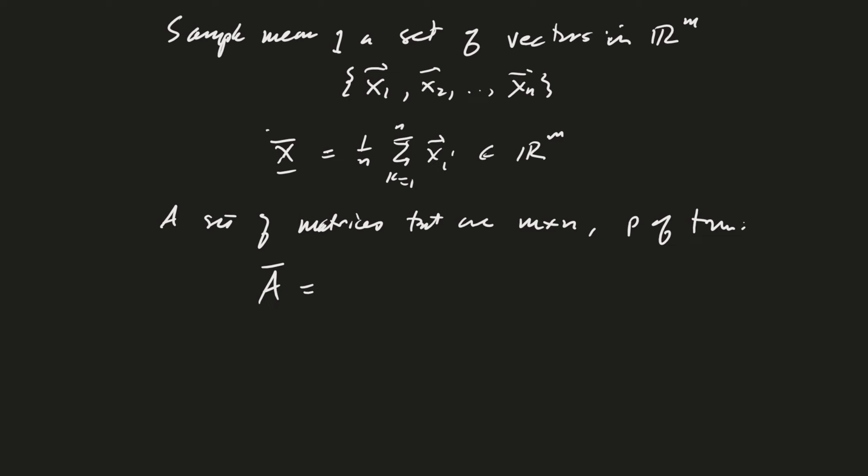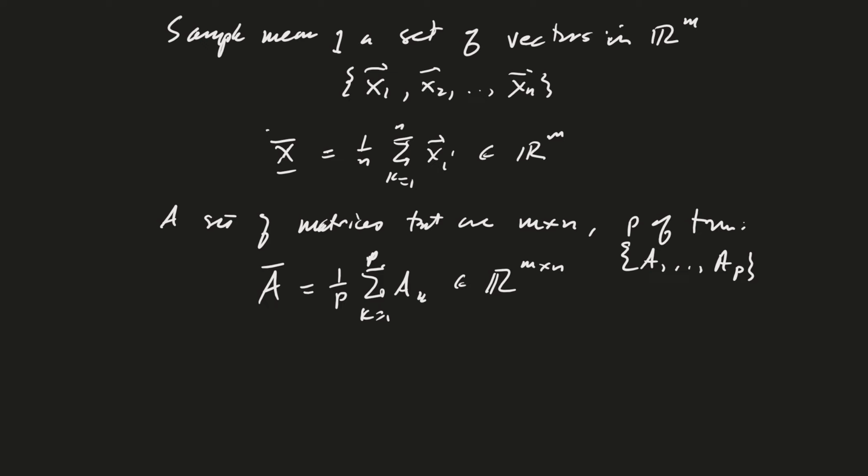You could just make a sum of matrices too, right? I haven't used k yet, so that'll be my index, and I've got p of them. Good. And so this is again a matrix, so that's going to be in R m by n.